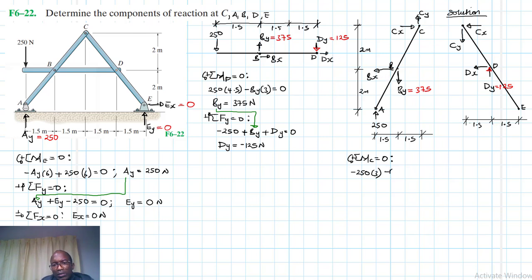Another minus Bx by 2, all right, and then plus 375 by 1.5.